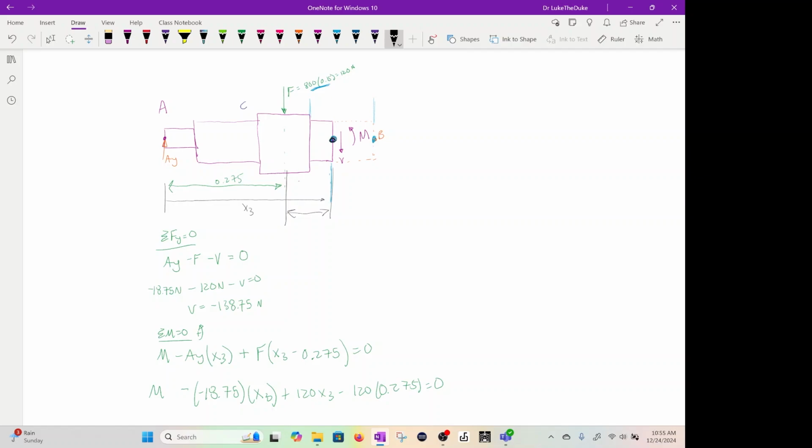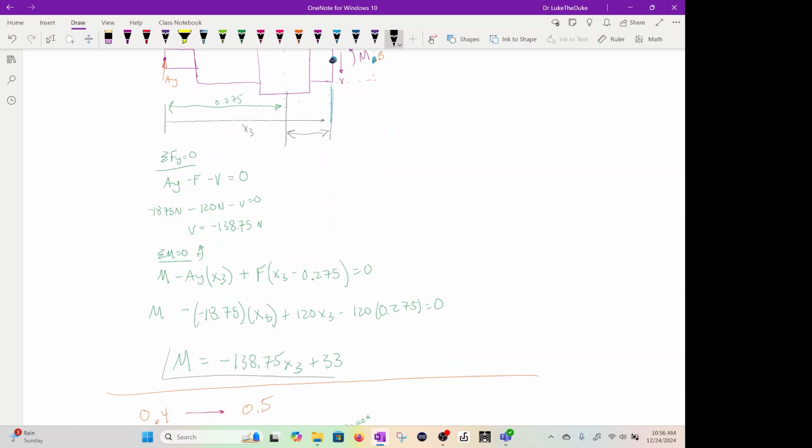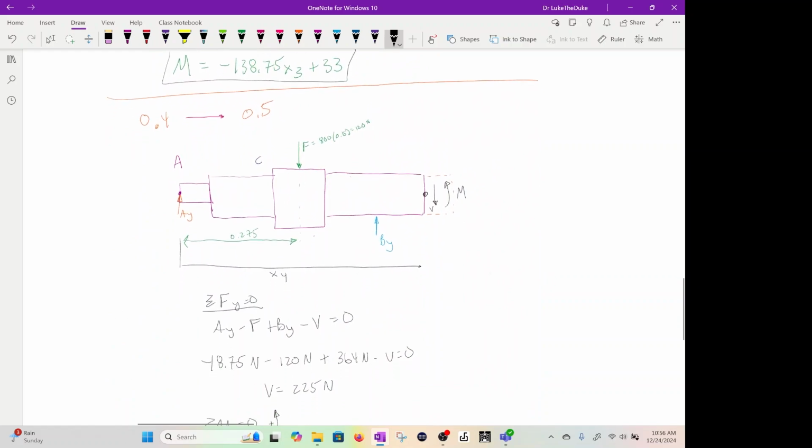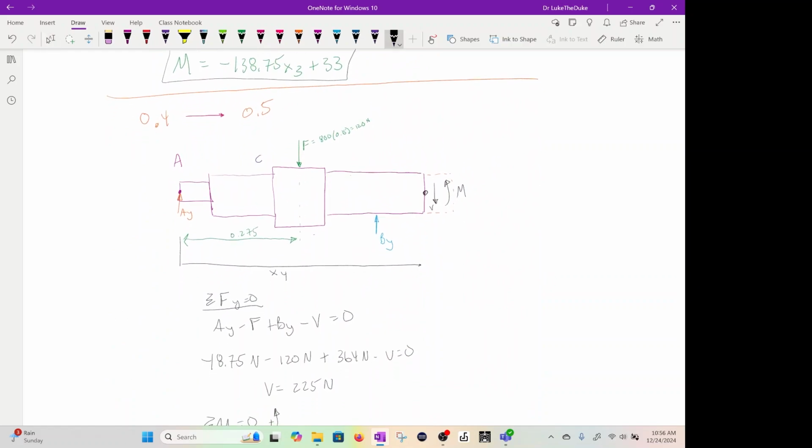Okay, then we go ahead and plug everything in. All right, and we end up getting the moment to be linear relationship. Okay, and again, if you take the derivative, you get 138.75.